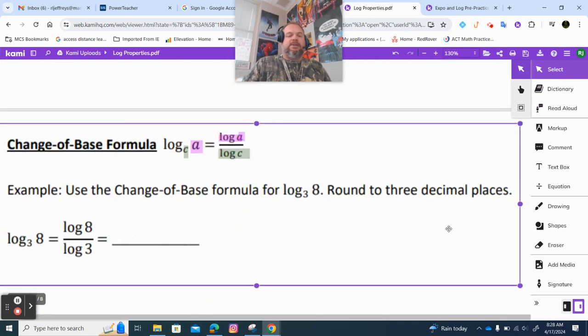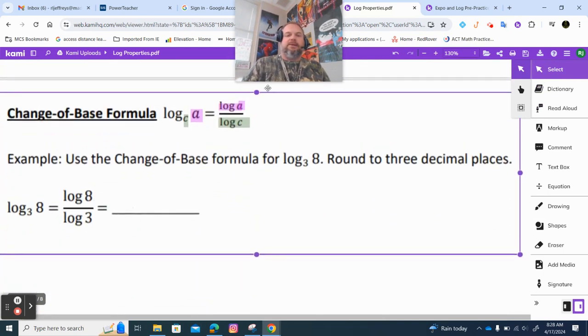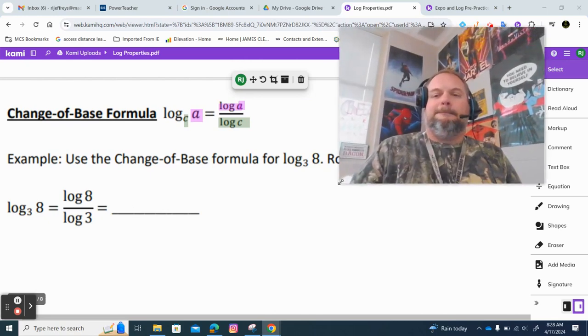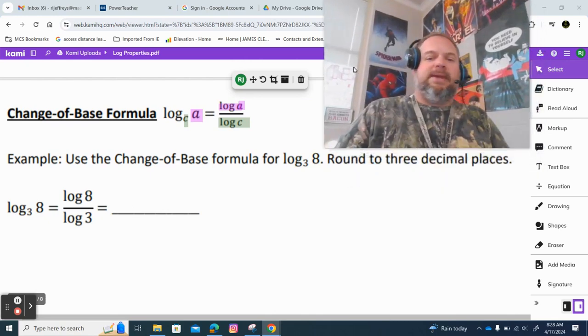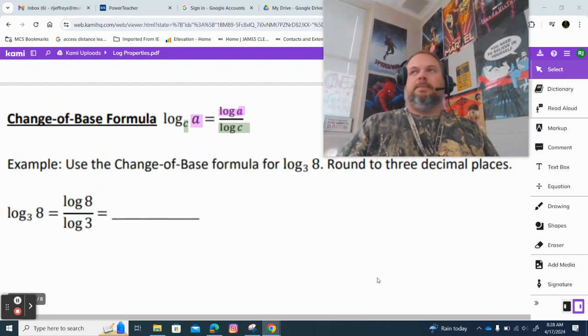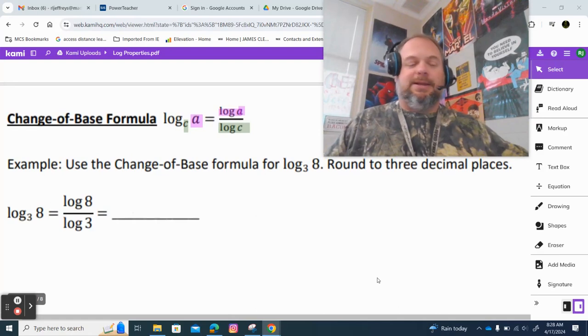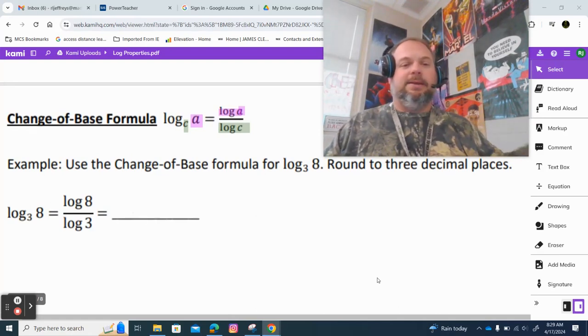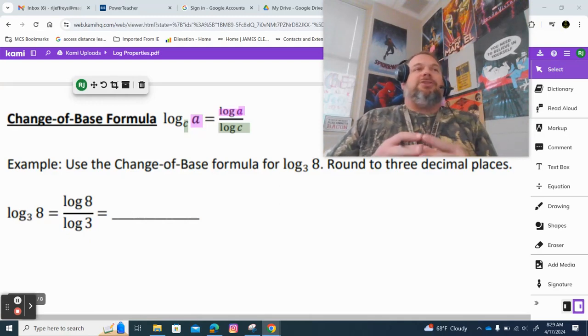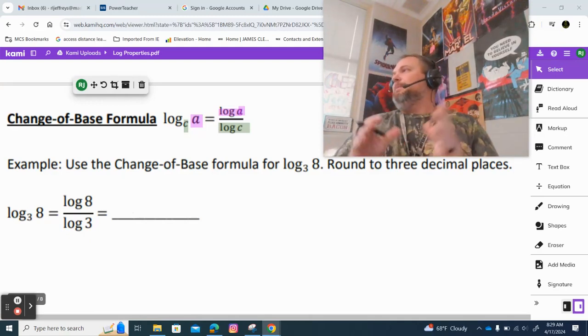And let's go to the favorite part of this right here. All right, change of base, no treble. Thank you. I got a snicker from somebody, and I'm not talking about the candy. All right. What we're actually trying to do is change the bases of these things to base 10.